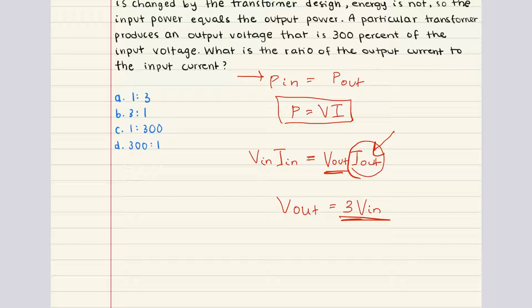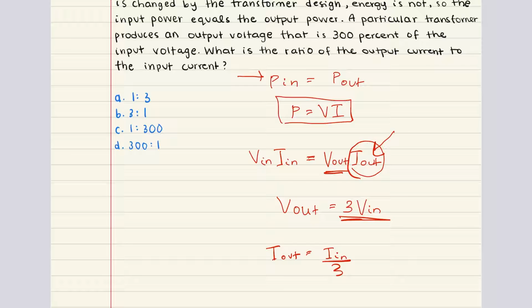For that to be the case, the output current has to be equal to the input current divided by 3. This tells us that the output current will be 1/3 of the input current.